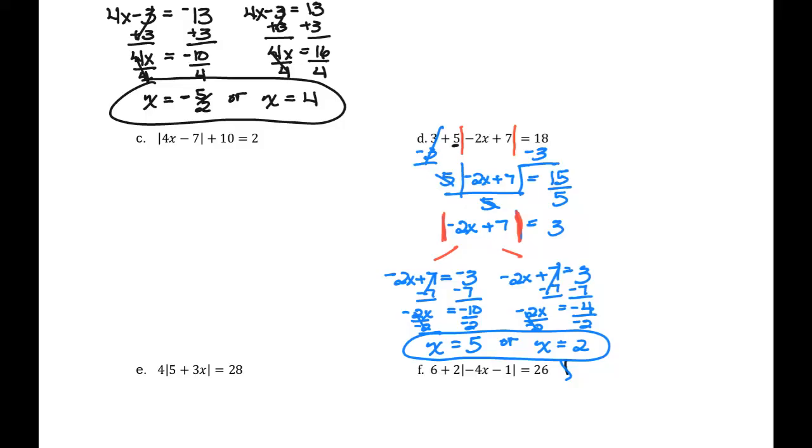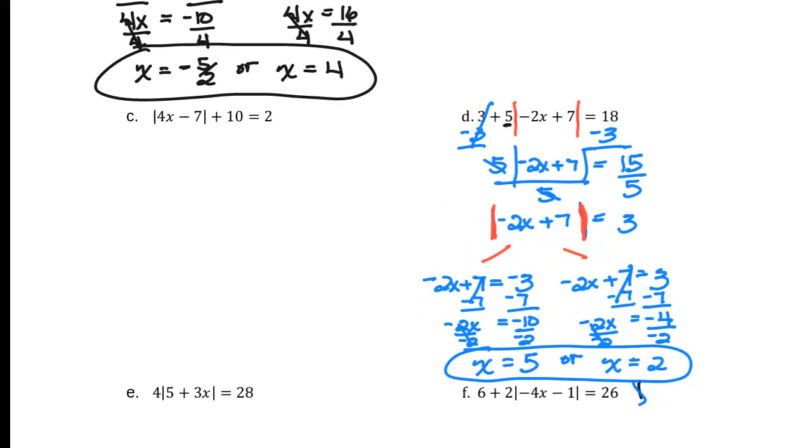Let's do C. So I have absolute value 4x minus 7, end of absolute value, plus 10 equals 2. Subtract 10. You're undoing that addition. Crystal, you with me? Stay with me. Absolute value 4x minus 7 is equal to negative 8.